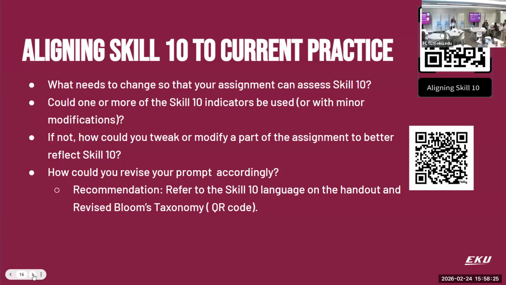Other barriers that you're running into, other places where you're struggling, pain points? I could share a pain point, not from the skill that I need to be working on, but just thinking about some of my colleagues with other gen ed courses.